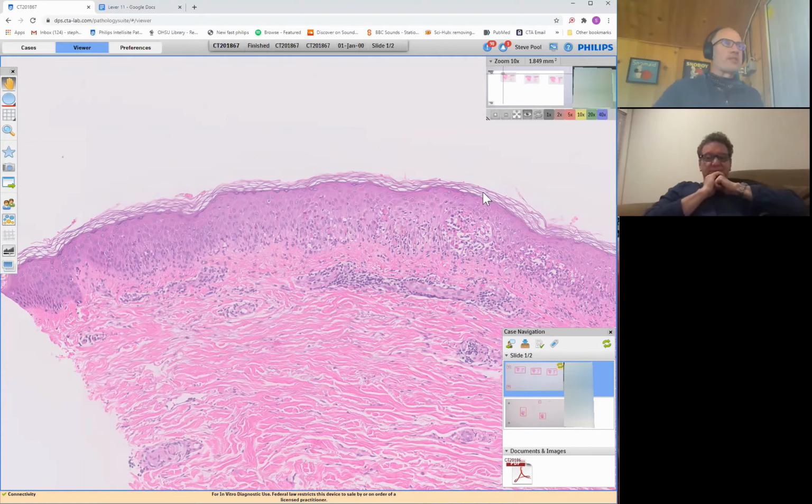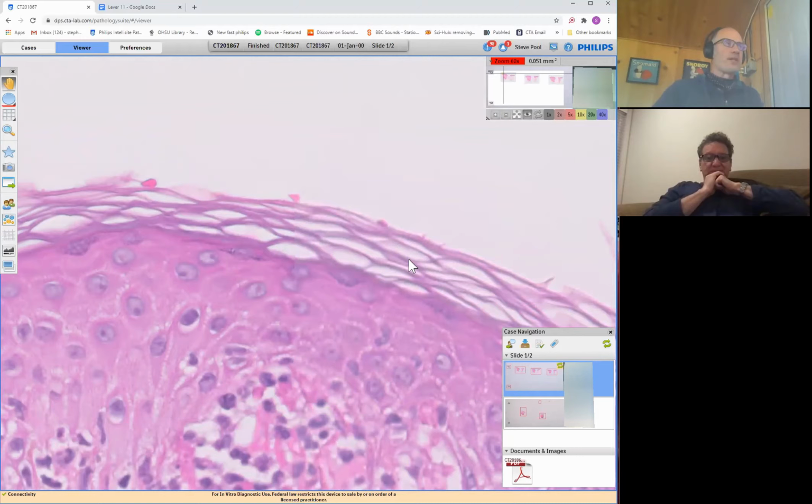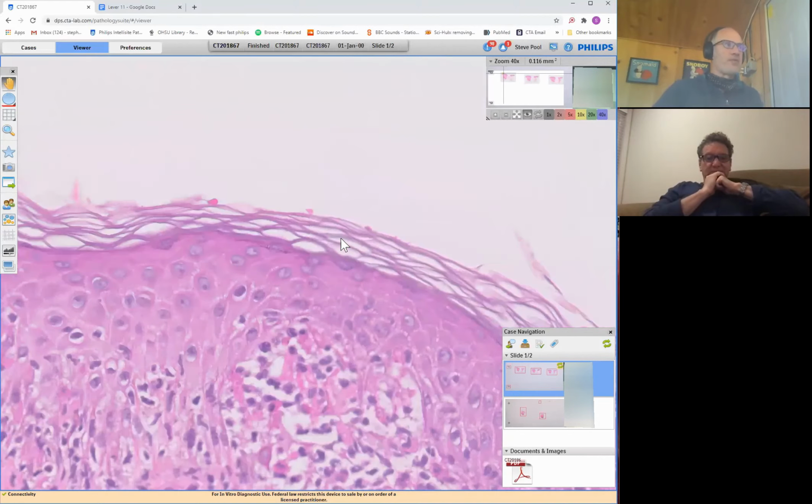So here's a normal stratum corneum, normal basket weave, normal thickness, no parakeratosis. That means that the insult to the skin has happened very recently. There hasn't been enough time for the epidermis to respond by proliferating, producing parakeratosis, doesn't have any serum.